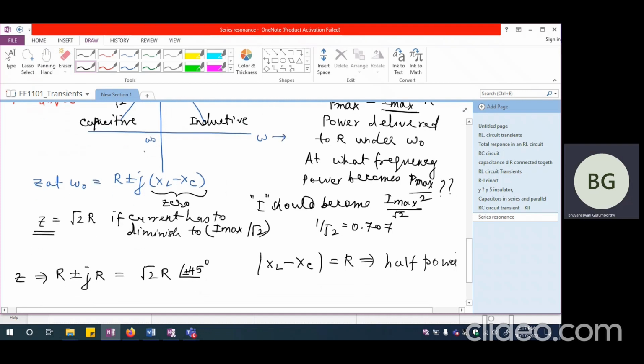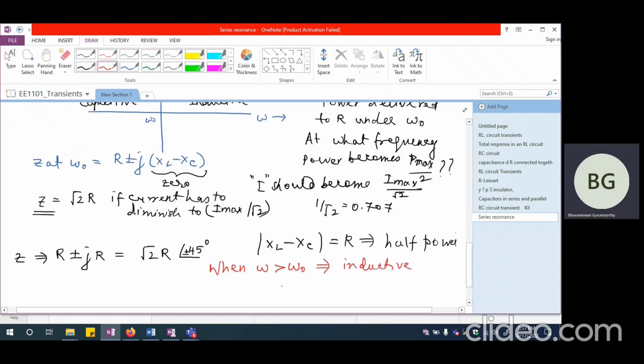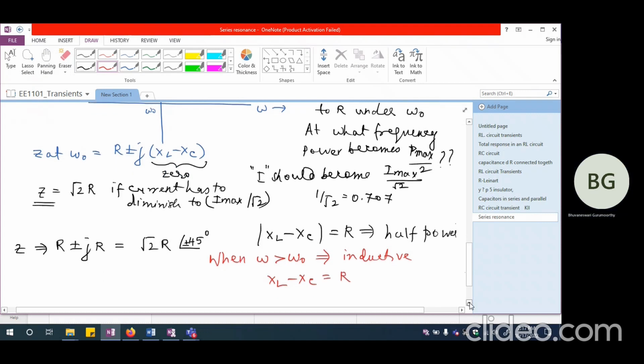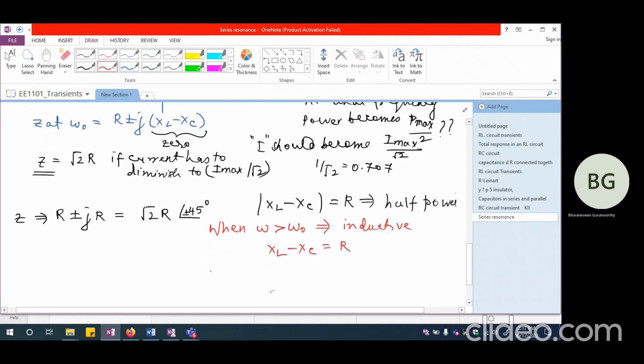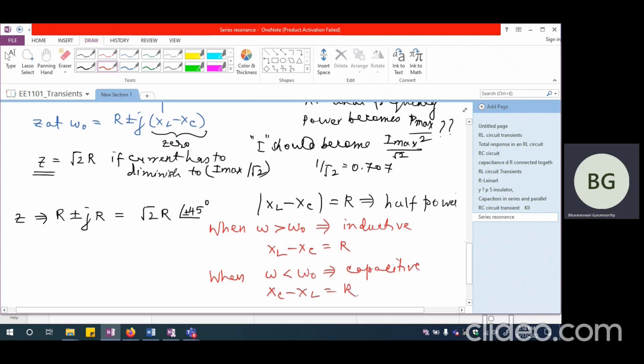So when omega is greater than omega naught, the impedance is going to be inductive, so I should say XL minus XC equal to R. And when the frequency is less than omega naught, the impedance is going to be capacitive, so we are going to have XC minus XL equal to R.